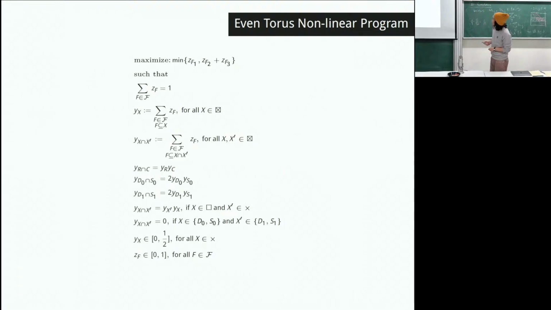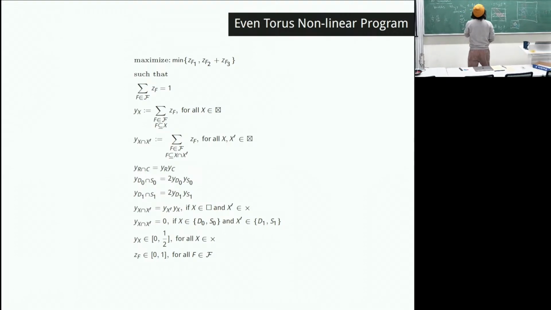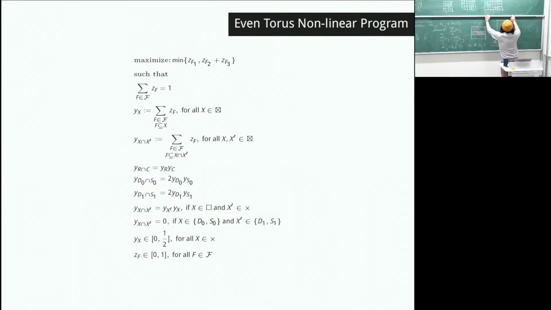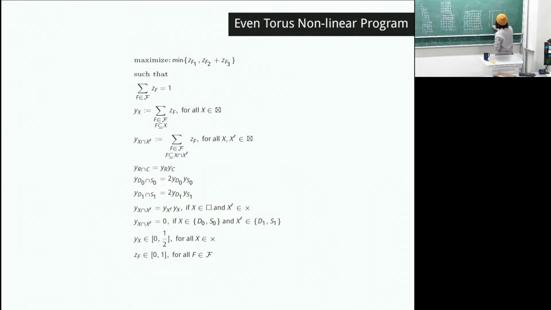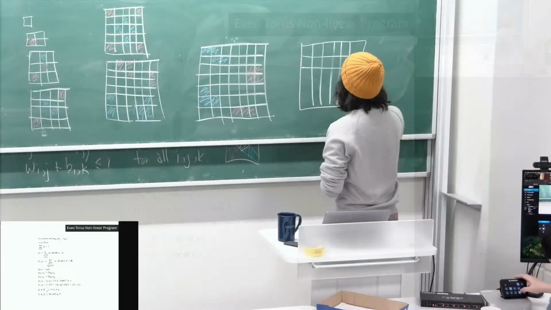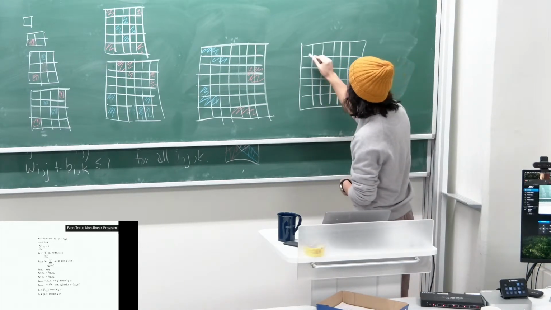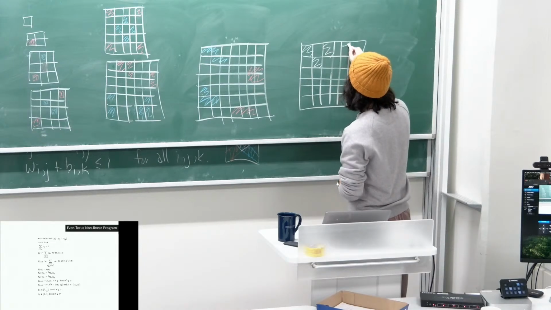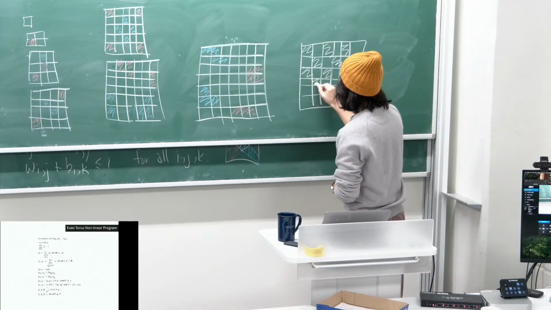Okay. So you can do a similar thing for the even torus. It's slightly more complicated, but not much more complicated. Let me just explain the differences. On the even torus, you can look at the normal checkerboard coloring of the chessboard, this one.